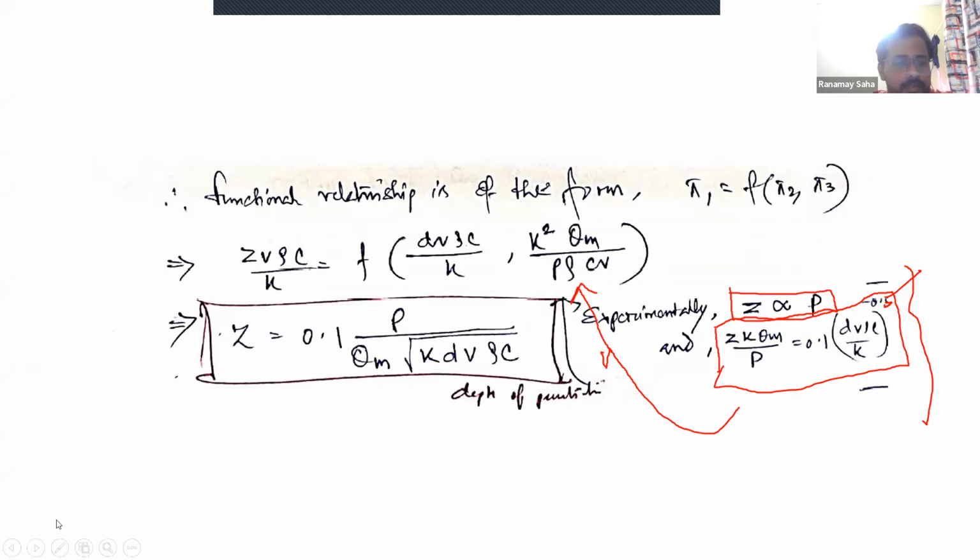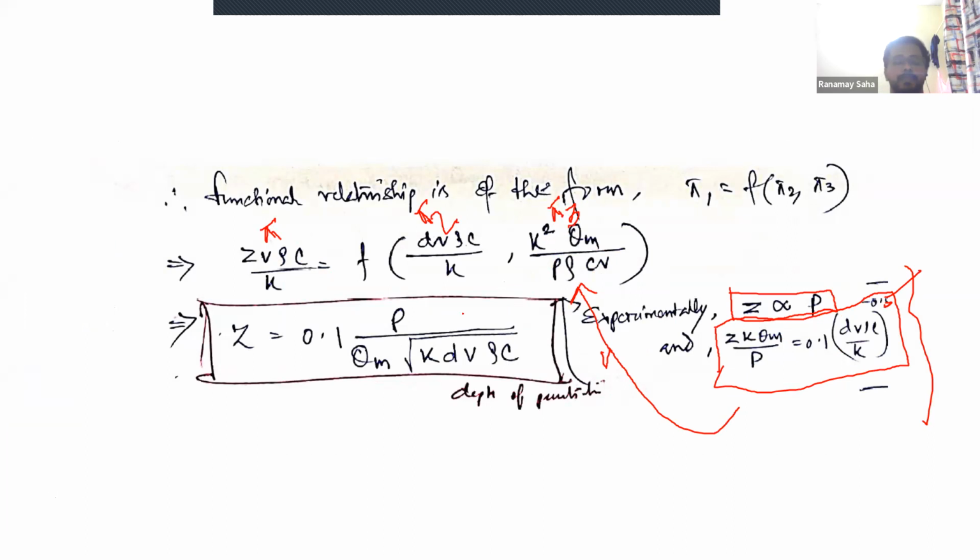So where we were is that you find out the values of pi 1, pi 2, pi 3, and use pi 1 as a function of pi 2 and pi 3. So this was your pi 1, this was your pi 2, and this was your pi 3. Okay.